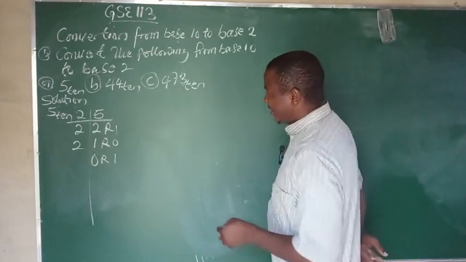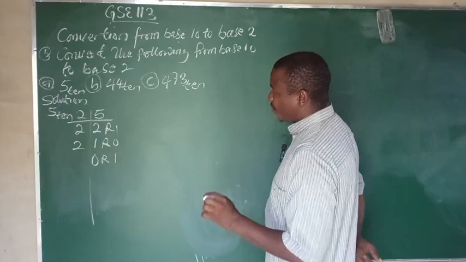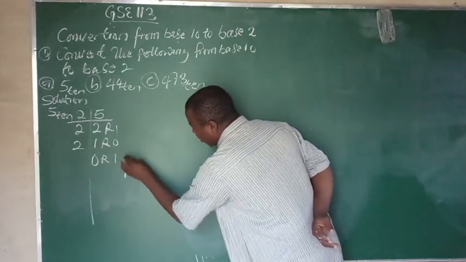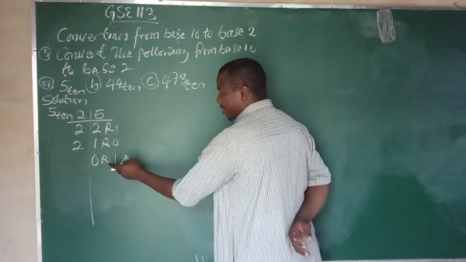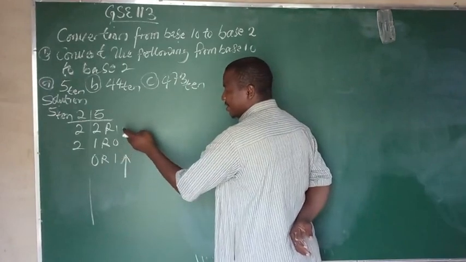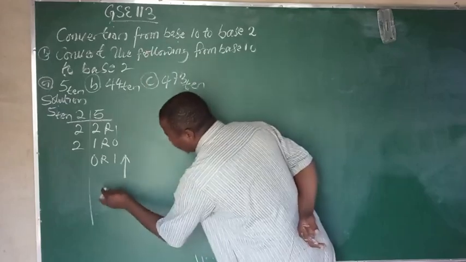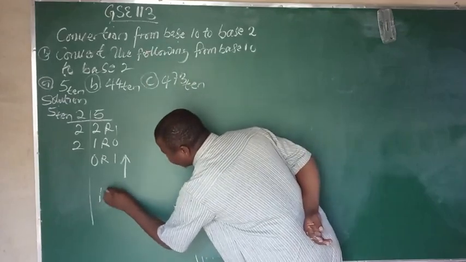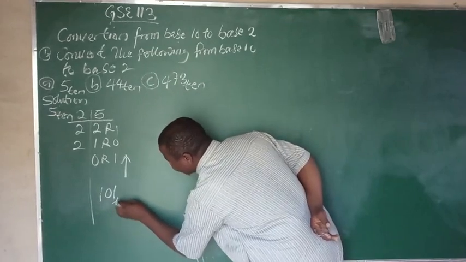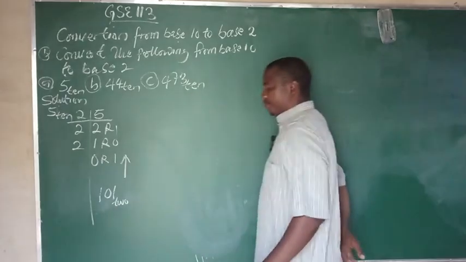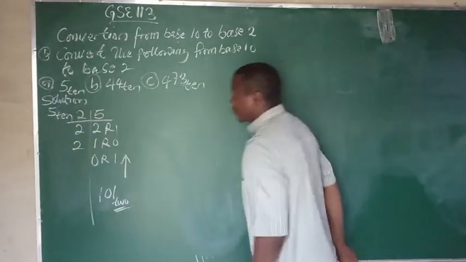What next? The next is upward collection of the remainder. We collect the remainder upwardly. Therefore, 1, 0, 1 base 2 is the answer.